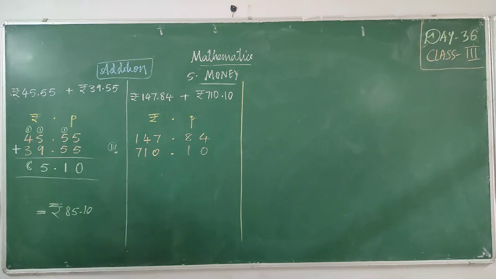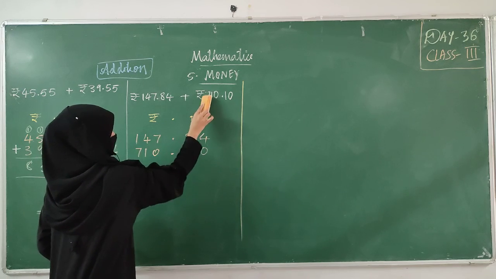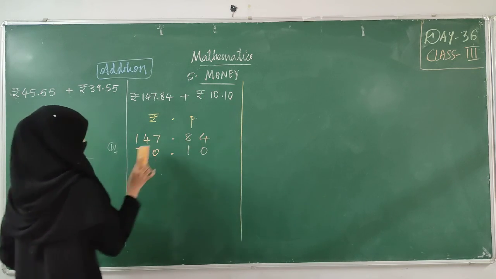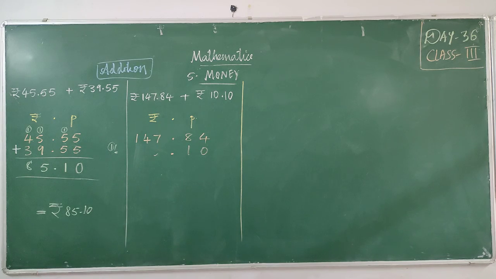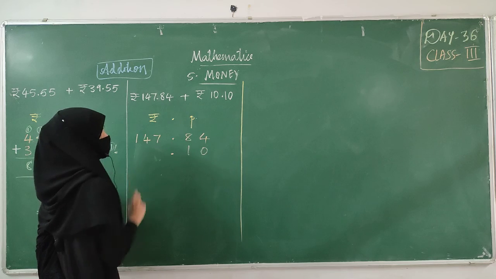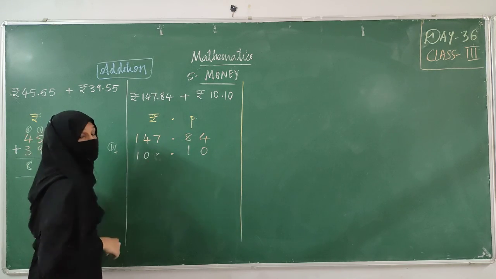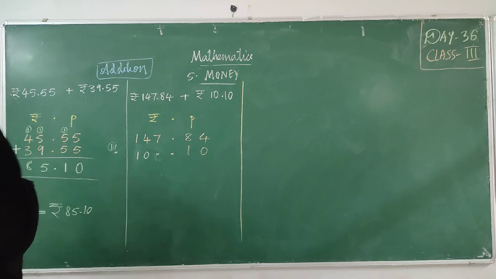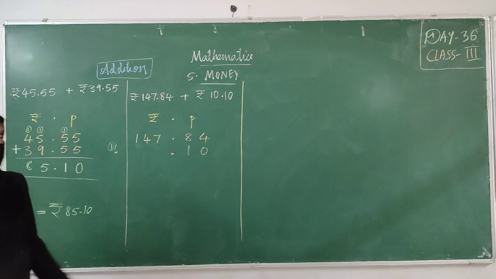Just remember one thing here. Suppose my question was without the 7. If 7 was not there, how will you write? Here is 3 digits, here is 2 digits. How did you do it? Like this you would write 10 and leave the place below 7 like that only? No. You always start from the right side.